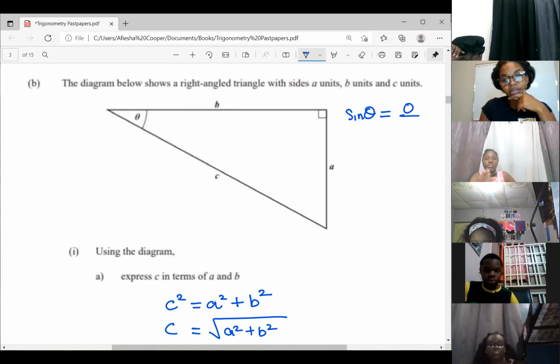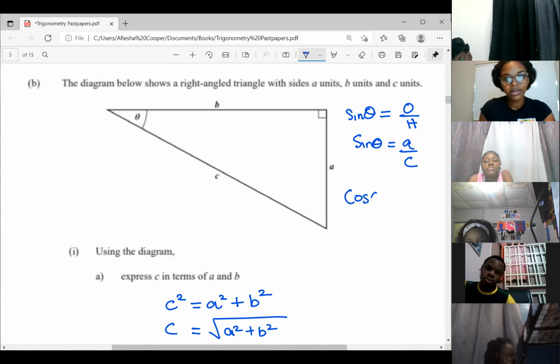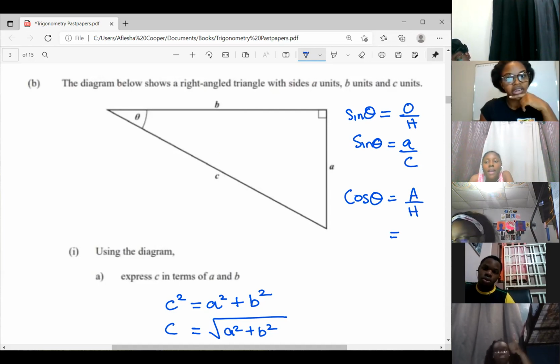Opposite over hypotenuse. What is the opposite line? A, A over C. All right. What's cos theta? Adjacent over hypotenuse. What's the adjacent line? B over C. Not intimidated at all, right?